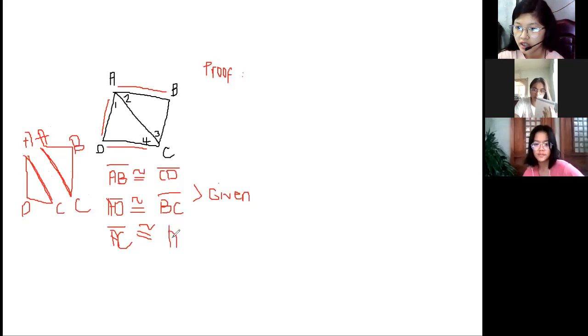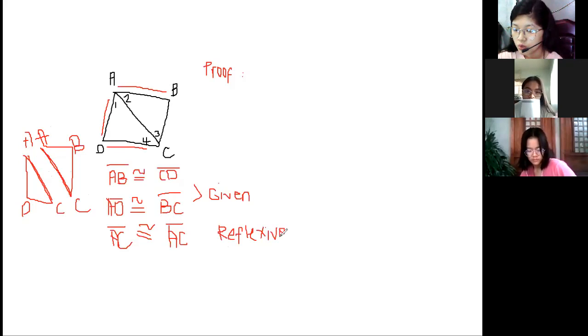Anong tawag dyan? Kapag nagre-reflect, kung ano yung given sa left side, ganon din sa right side. Tinuro ko last meeting. We have the reflexive property. Na kung saan, dapat same yung both side. So, ang reason natin dito, kung bakit AC is congruent to AC, we have the reflexive property.